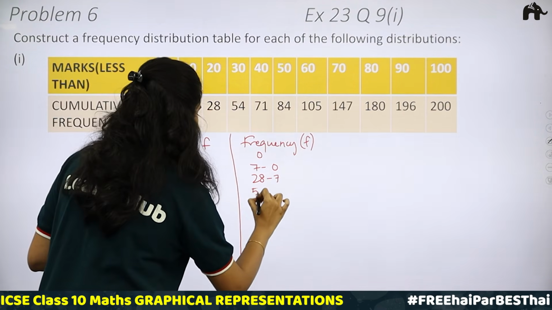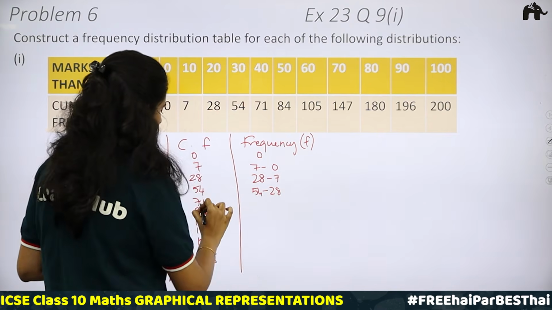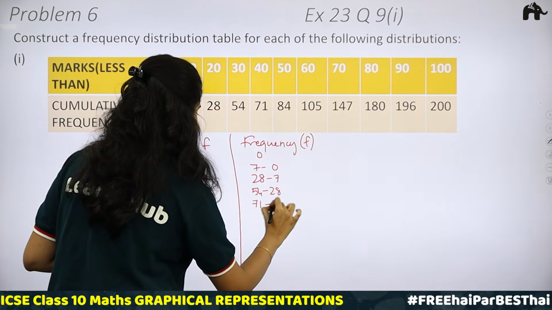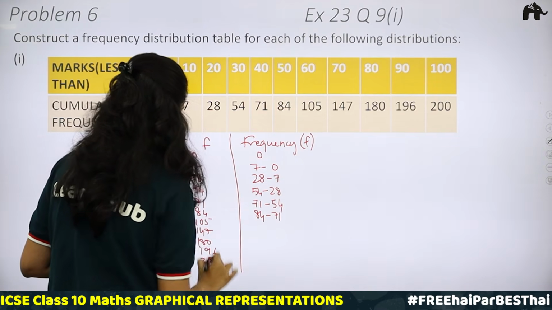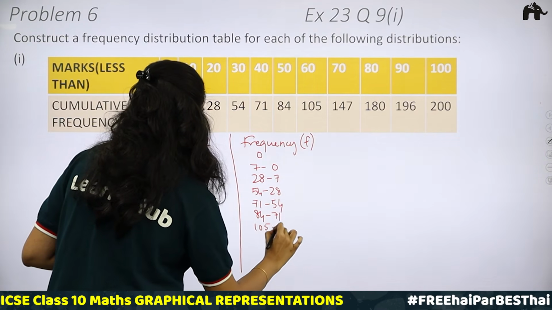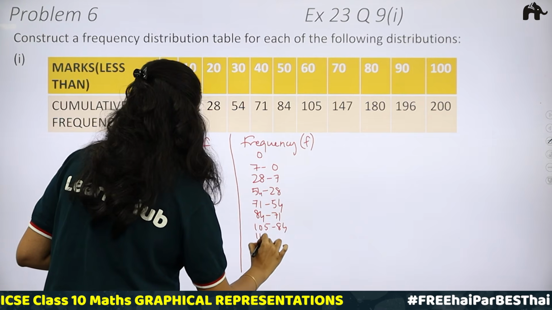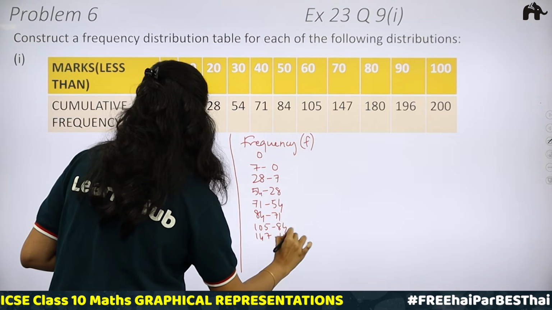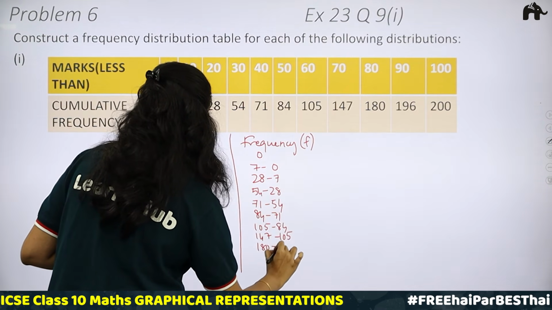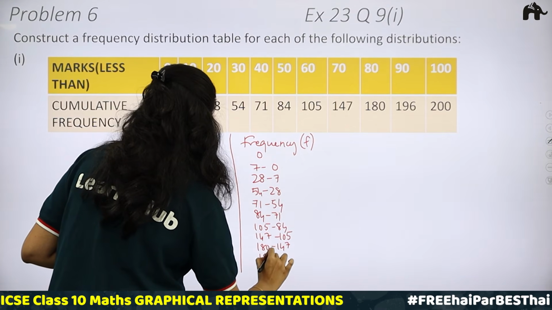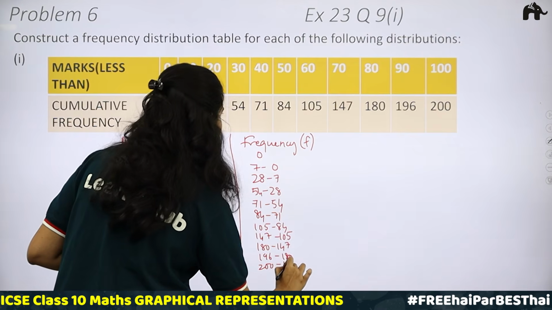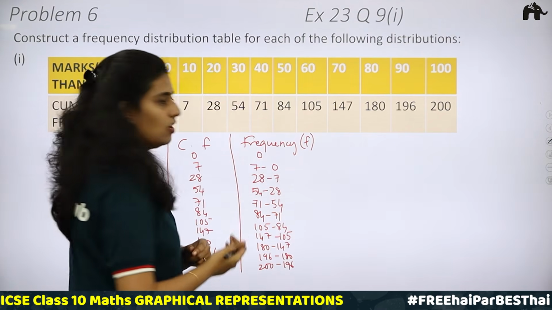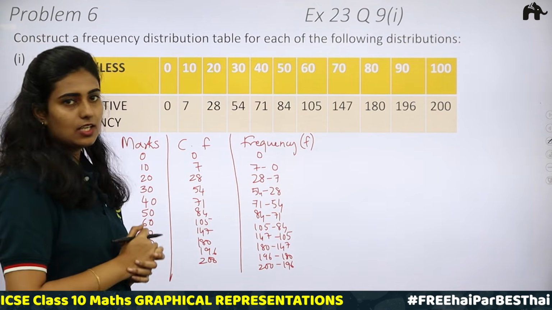Next, 54 minus 28. 71 minus 54. Next, 84 minus 71. 105 minus 84. 147 minus 105. 180 minus 147. 196 minus 180. 200 minus 196. Okay, when you subtract this, we will be getting the required frequencies.